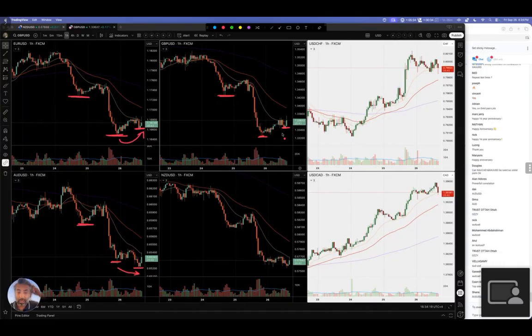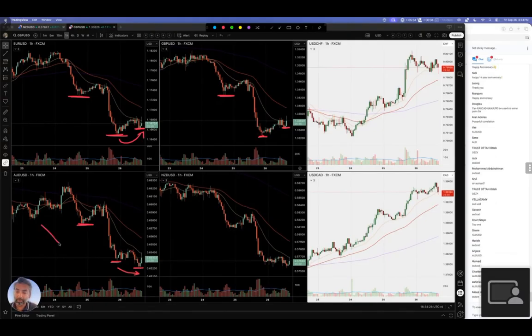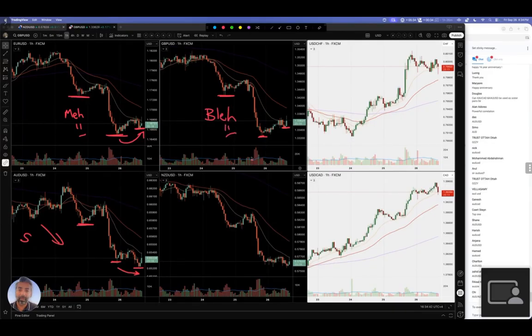What this is going to tell you essentially is you can rank them. Oh, wow, this is super, super strong for USD. This is meh, meh. This one is blech, right? It's not so good because it's going upwards. And then this one is an equal low, and it's okay, it's also fine. This is very fine, right?